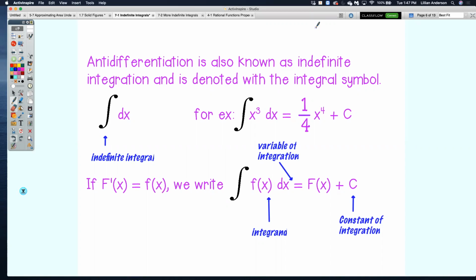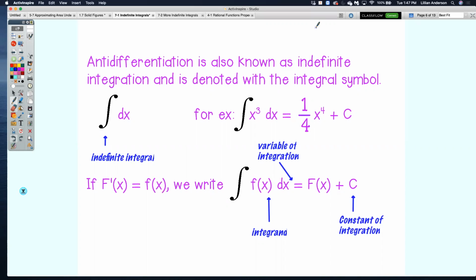This symbol represents the indefinite integral. dx is the variable of integration, and it's always a part of the actual integral symbol. So anytime you see the integral symbol, you'll always see dx or dt or du, depending on what the variable is. It's going to be d something.